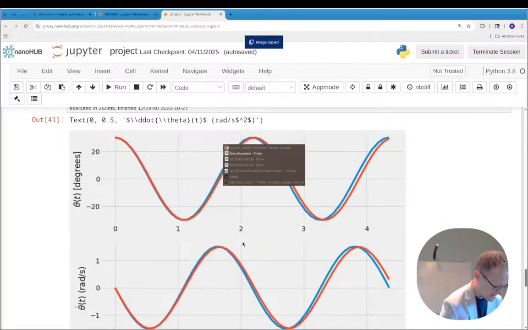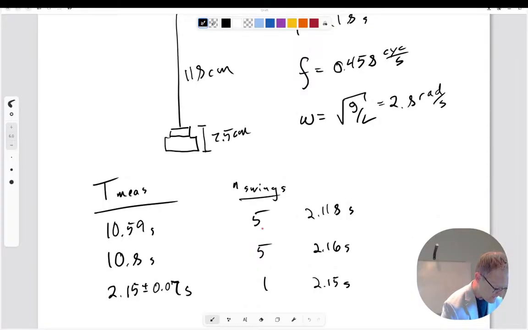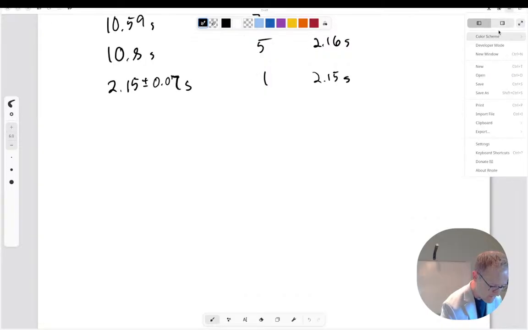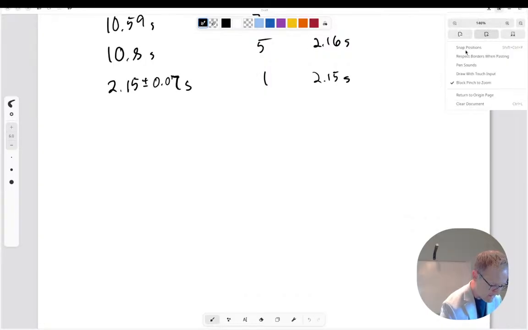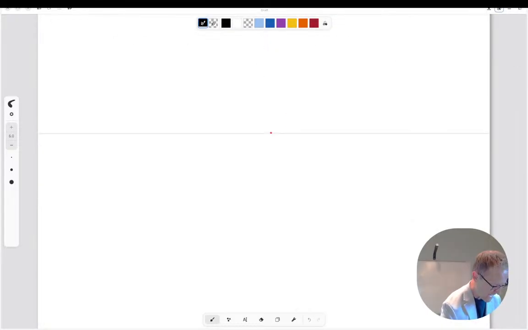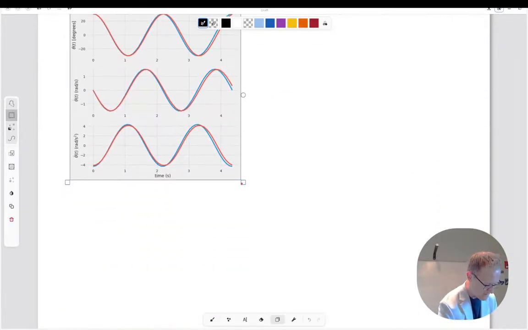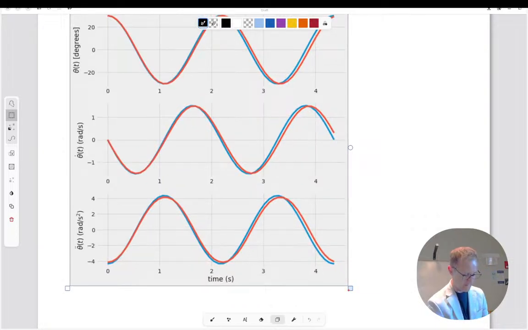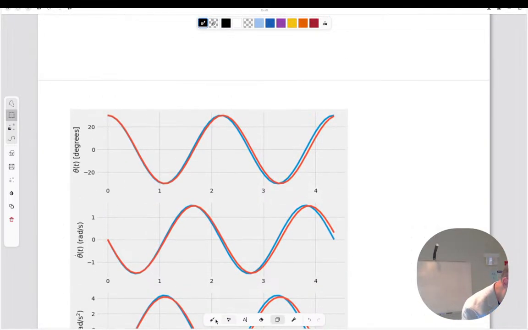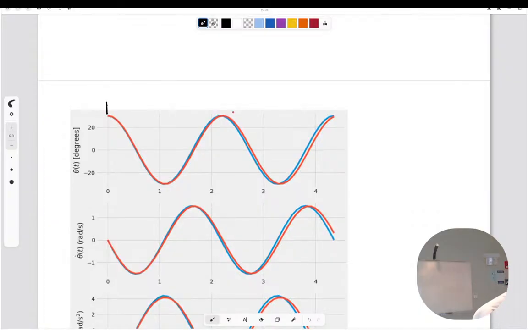Let's copy this, throw it over into here. And again, say whatever you want, but just back it up. So if I want to say time periods are the same, I can come in here and kind of draw a line between the two.